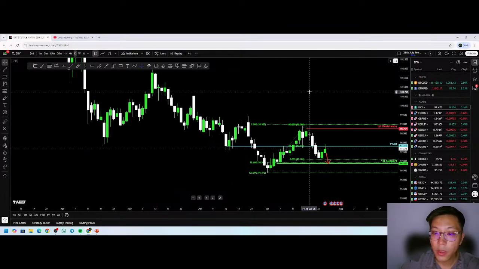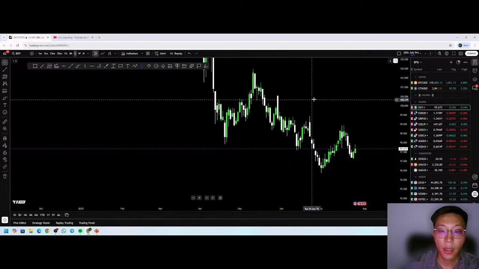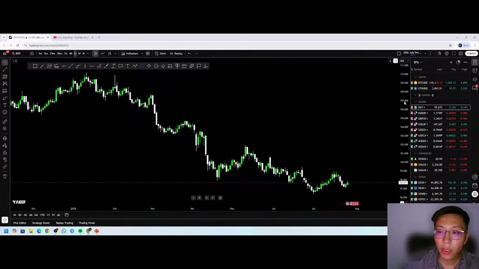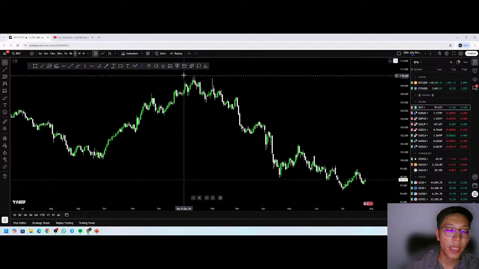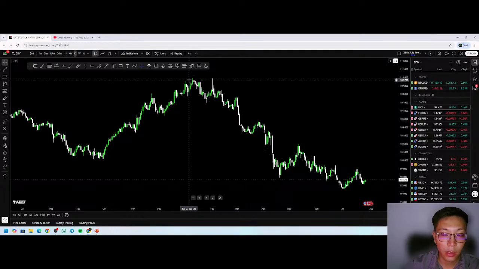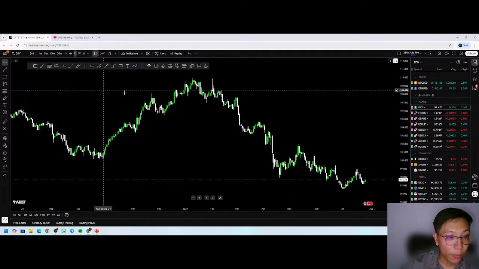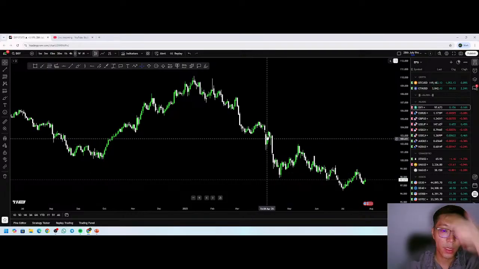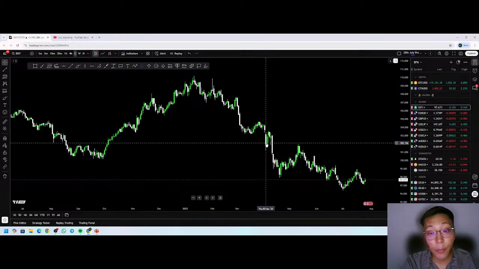Let me see. Let's reset. So for the past few weeks, you can see right here the overall picture of DXY. As we all know, the USD currency has been on the downtrend ever since maybe this area, April.